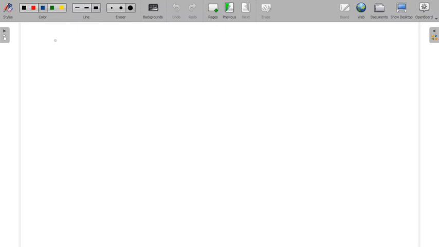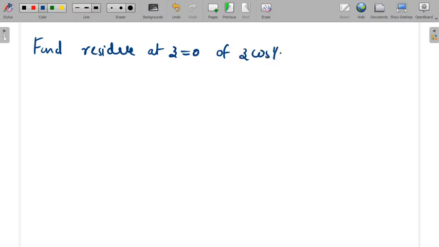functions. The first function we see is: find residue at z is equal to 0 of z into cos 1 by z. So here you can see z is equal to 0 is a singular point of 1 by z, and hence it is a singular point of this function, or this function is not differentiable at z is equal to 0.